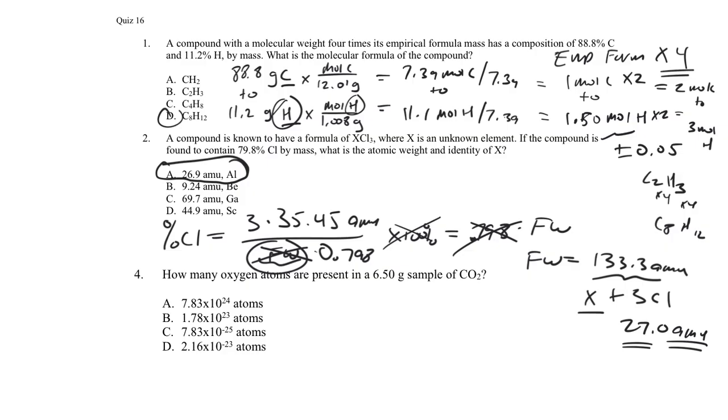Like you can double check. Okay, so we're just using what a percent mass means in that second question to solve for the formula weight to then be able to determine what the atomic weight is for X.